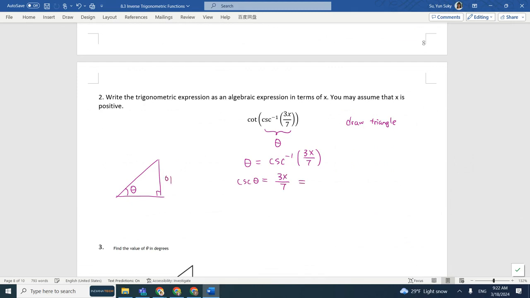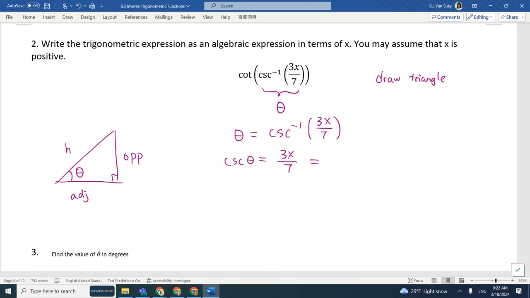So we know that's opposite, that's adjacent, and this is hypotenuse. What is cosecant in terms of opposite, adjacent, hypotenuse? Cosecant is 1 over sine, and sine is opposite over hypotenuse, so you take the reciprocal, which is hypotenuse over opposite. So the hypotenuse is 3x and the opposite is 7.